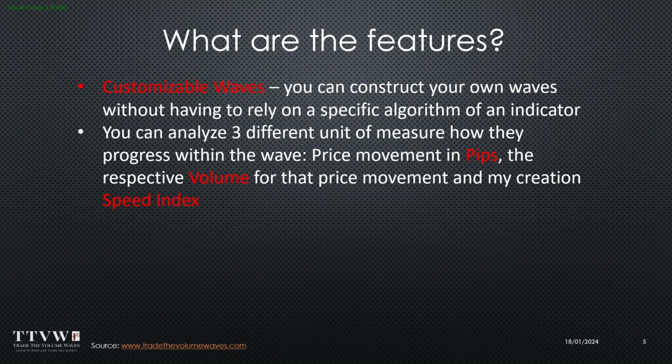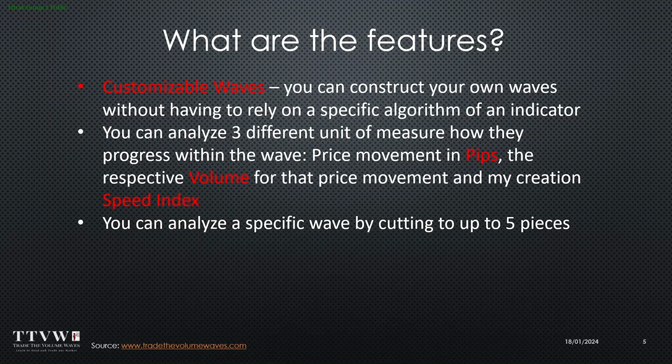It's the price movement in pips, the respective volume for that price movement, and the speed index. And finally, instead of having 5 different waves, you can construct one wave and then cut it into 5 pieces and examine what's happening within this wave.